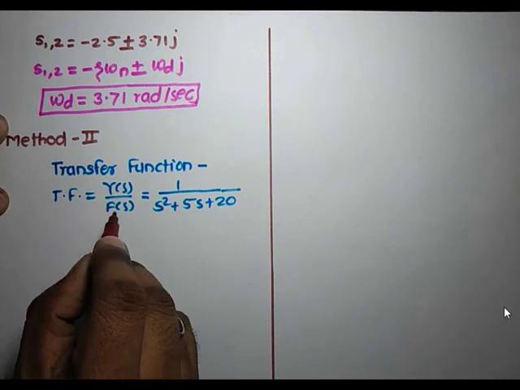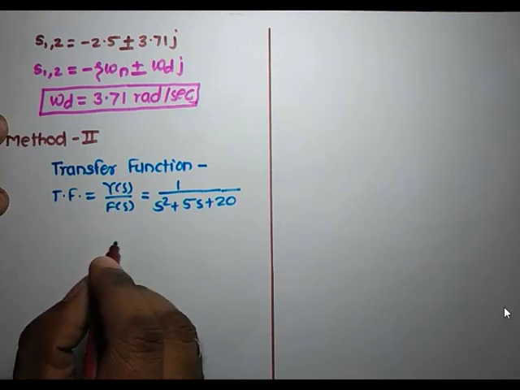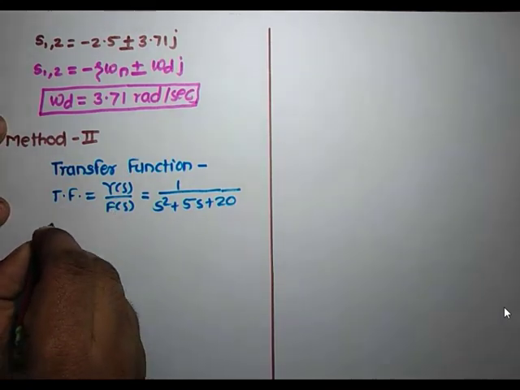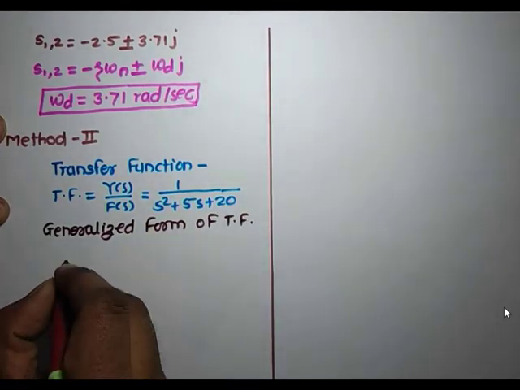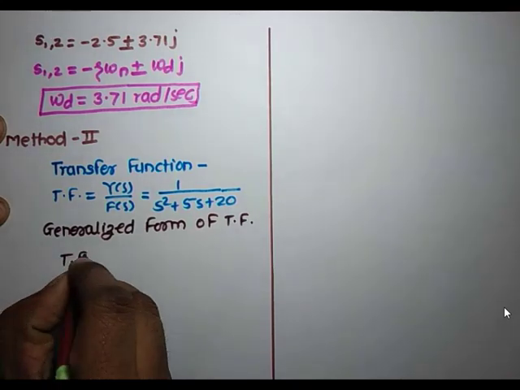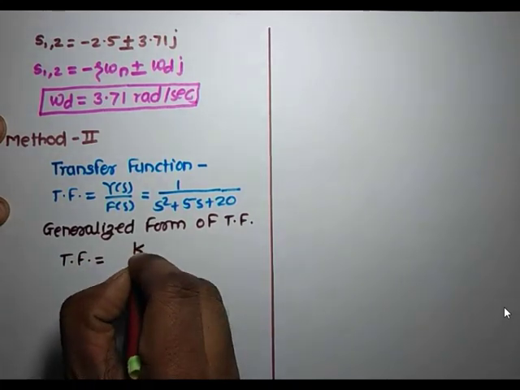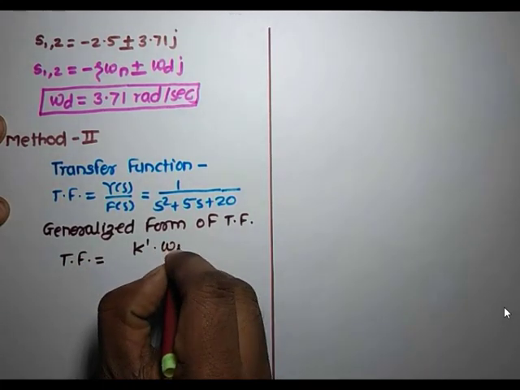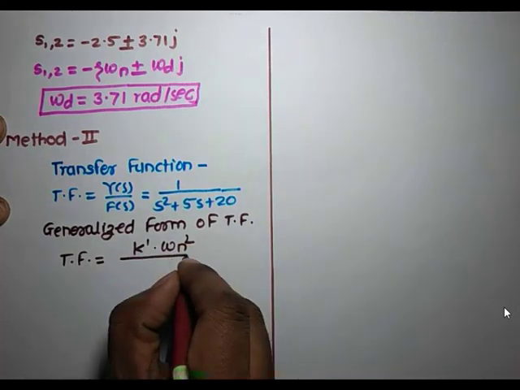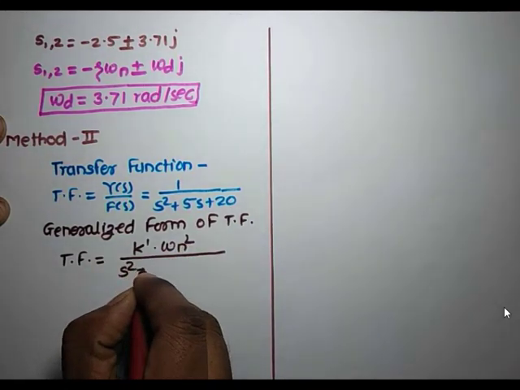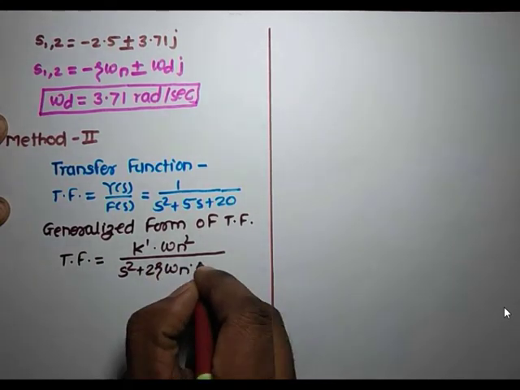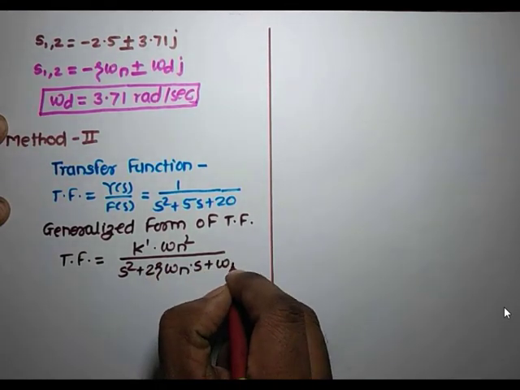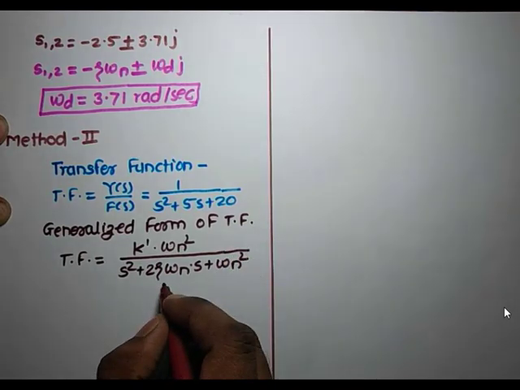This transfer function is for a second order mechanical system, but we also derived a generalized form of transfer function for a second order mechanical system. That transfer function is equal to k dash into omega n square over s square plus 2 zeta omega n into s plus omega n square. So we already derived this equation.